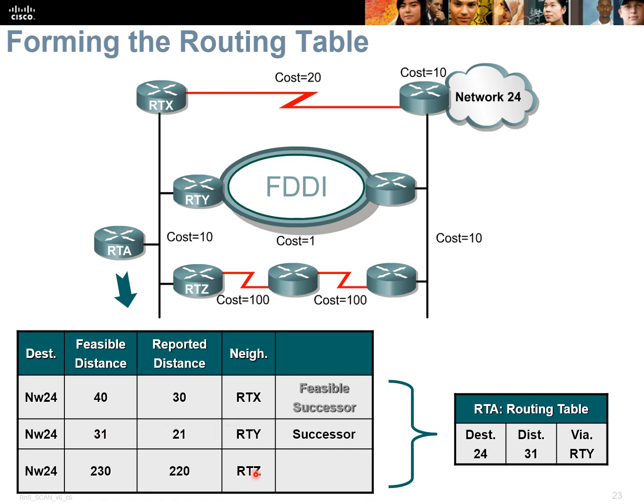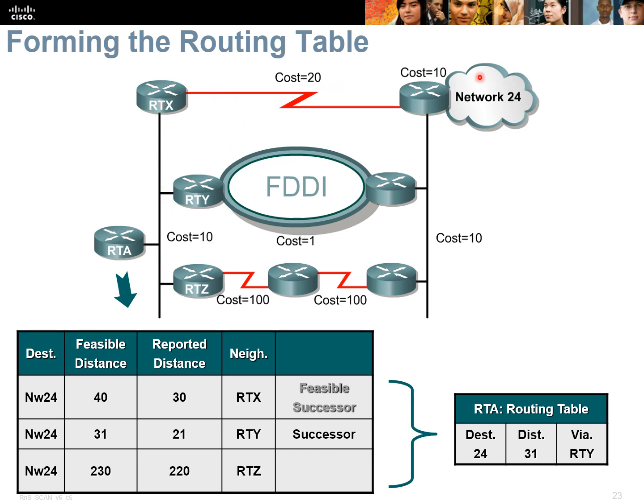The feasible distance via router Y is 31, and the feasible distance via router Z is 230. So let's prove that out. Let's go for the bottom one first. So this link is 10, plus 100 is 110, plus 100 is 210, plus 10 is 220, plus 10 to network 24, 230. So notice the feasible distance and the reported distance.